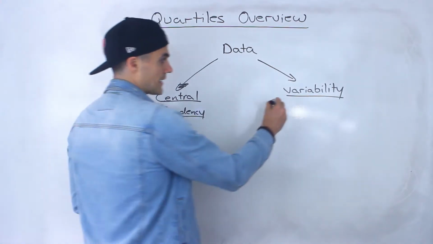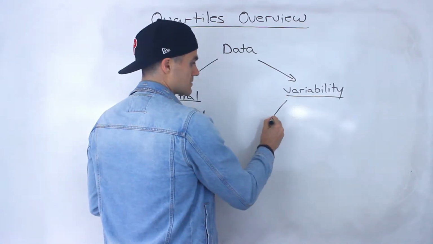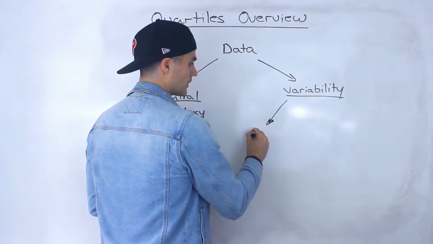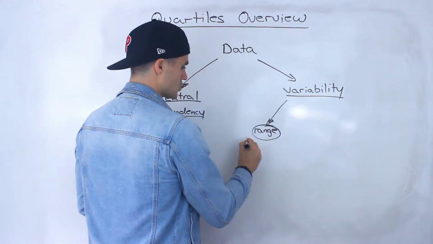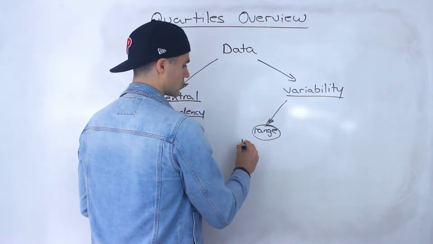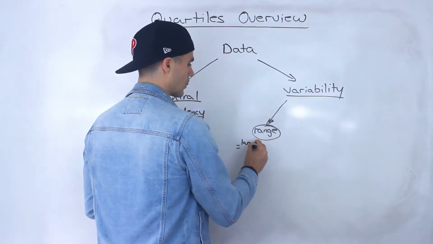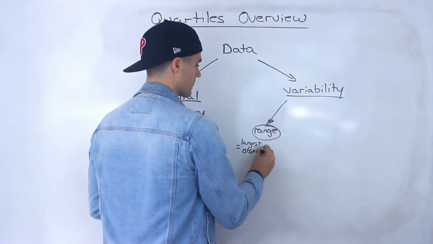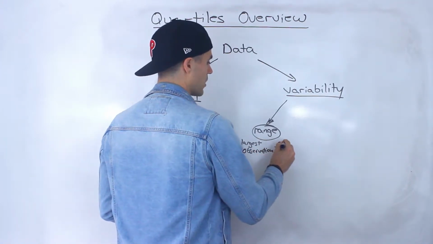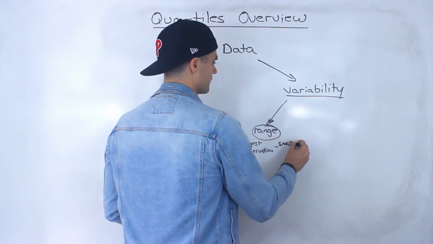And in that example, I also introduced a simple measure for variability called the range. And the range is just equal to the largest observation minus the smallest observation.